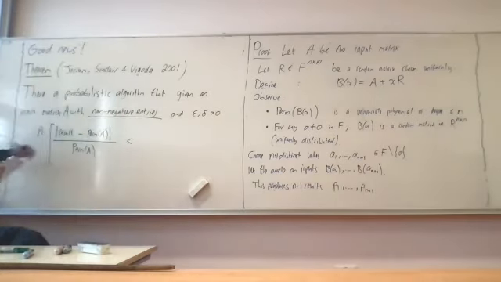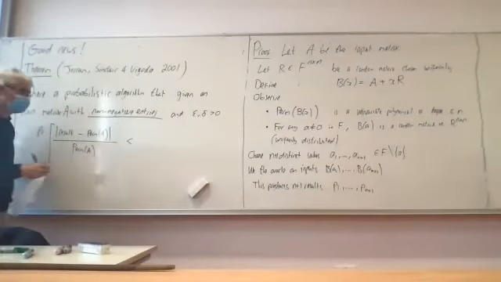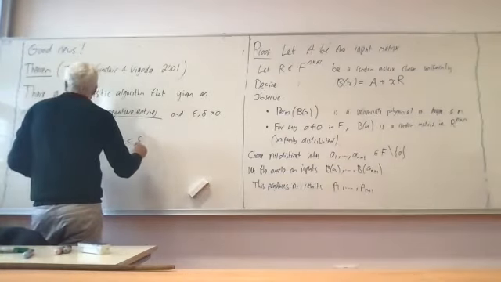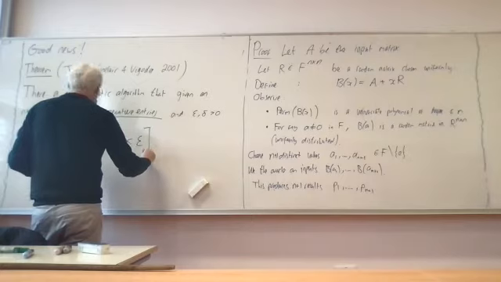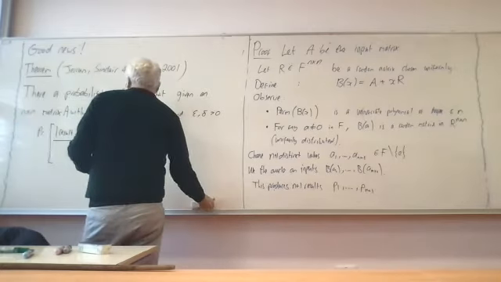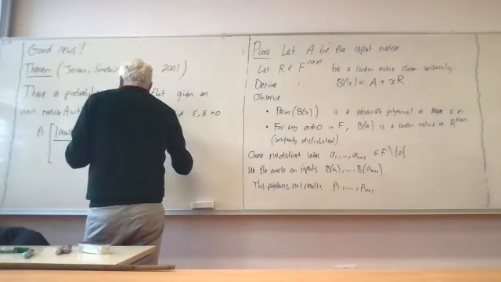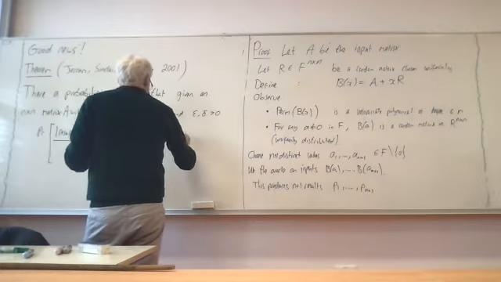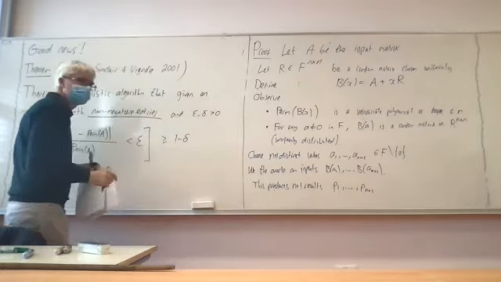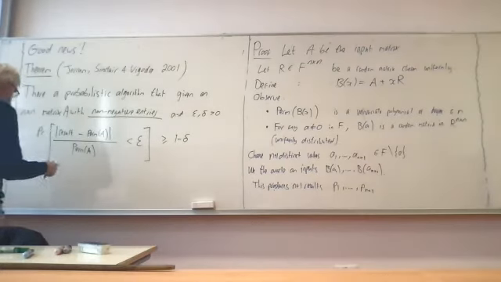We want to get within a fraction of epsilon of the result. And the probability of that we make greater than or equal to 1 minus delta. And this can be done.